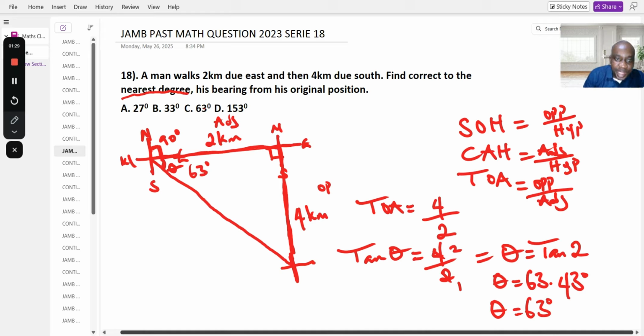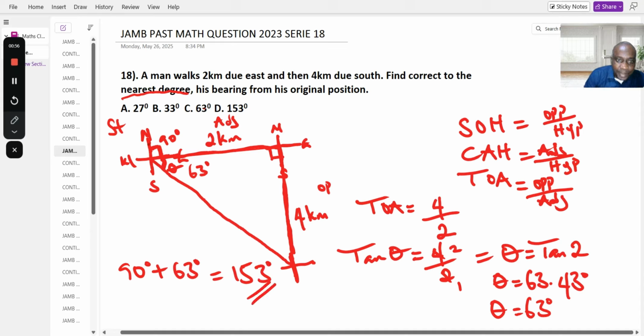You know, from here to here is 90 degrees already, and the inner angle one is 63. Therefore, the total bearing, the question is asking us from the origin, here, this is where it starts, the starting point. Therefore, we are going to look for the bearing. The total bearing from its origin is 90 degrees plus 63 degrees, which is going to give us 153 degrees.